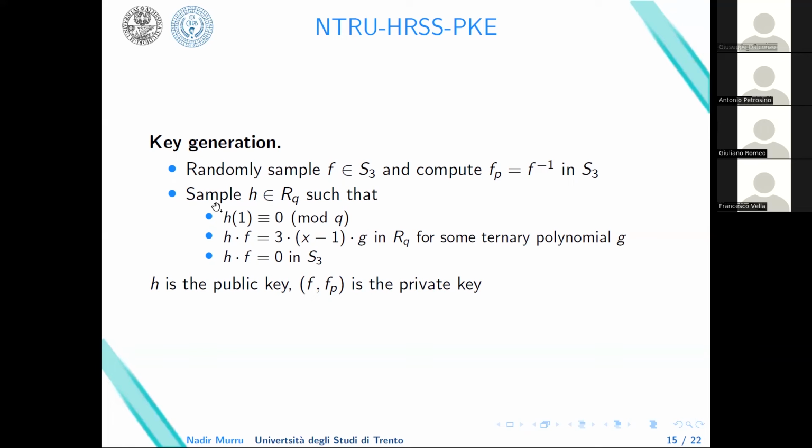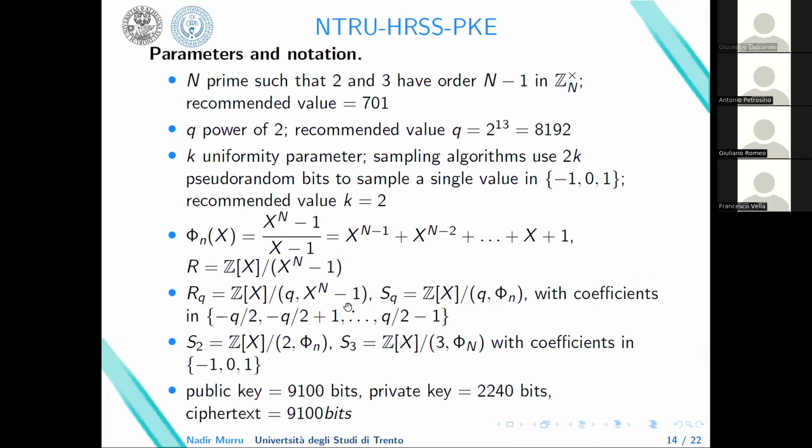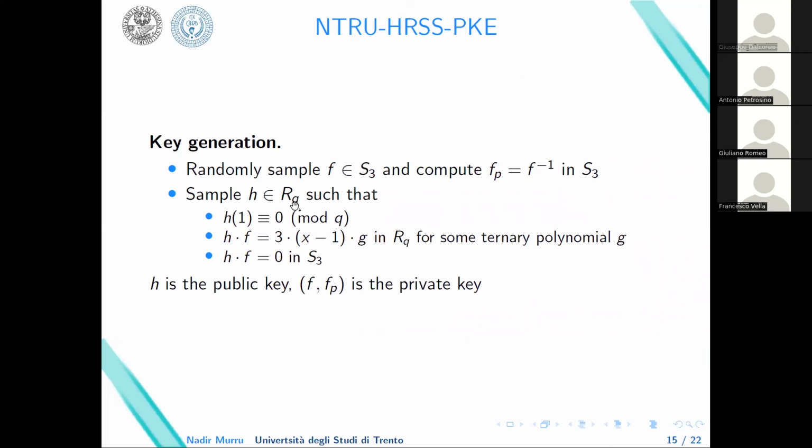Then you have to choose the public key H, and you can sample it using the set RQ defined in this way, such that these conditions are satisfied.